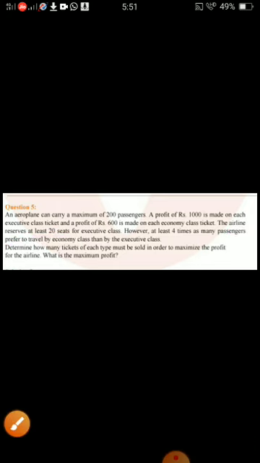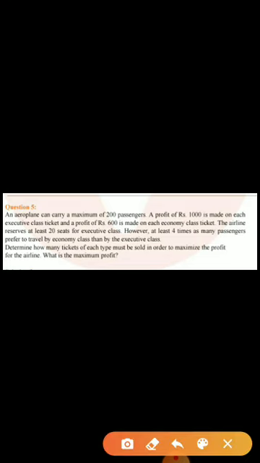Next. However, this is the main statement. However, at least 4 times as many passengers prefer to travel by economy class than by executive class.